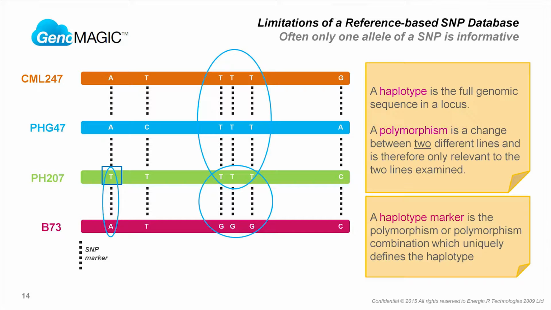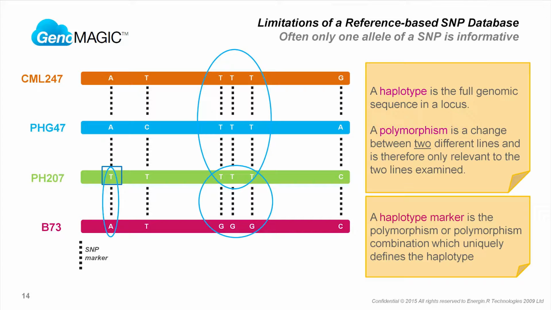However, the limitation of SNPs is that they differentiate between a pair. So in this case, if you want to differentiate between PH207 and B73, you can use the SNP. The T is PH207, the A is B73. And this also looks like a good way to differentiate those genomes. Okay, those T's here and the G's here differentiate them.